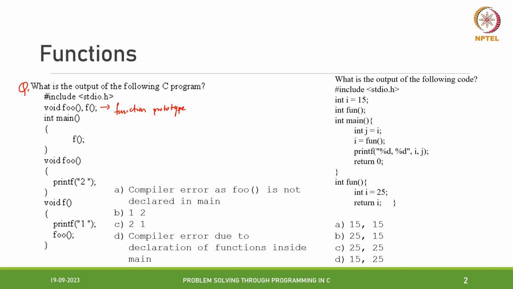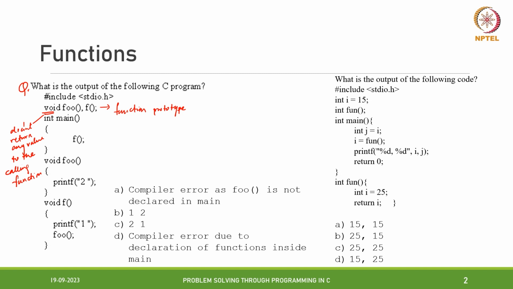Void type basically means that it does not return any value to the calling function. Here the calling function is the main function, and we have called f from there, but f is not going to return any value to main. That is why it's of type void.